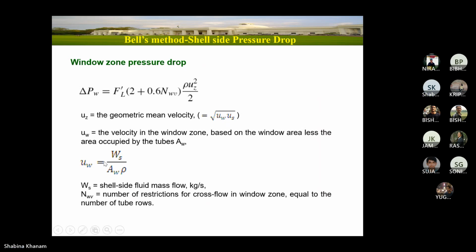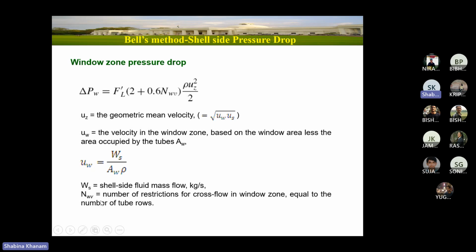So you can calculate it like this: WS, the shell side flow rate, by density, and AW is the flow area in the window zone. This is similar to AS, which is the flow area in the cross flow zone at the middle, however AW is the total flow area in the window zone. We will discuss how to find this AW.